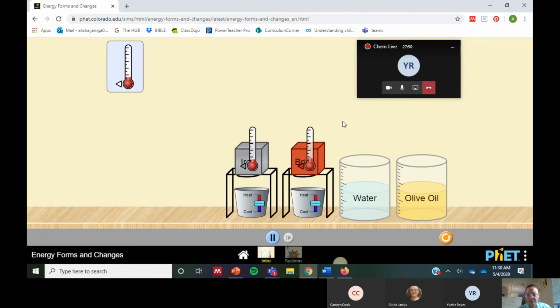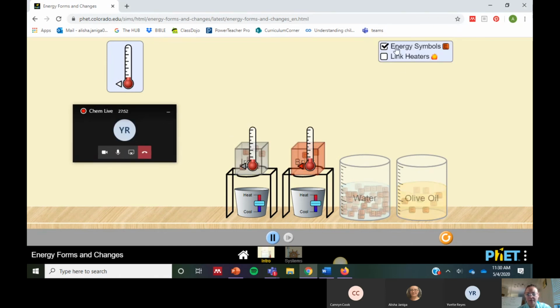So we'll heat them up. Which one's going to get to the top first? It looks like it's going to be the brick.